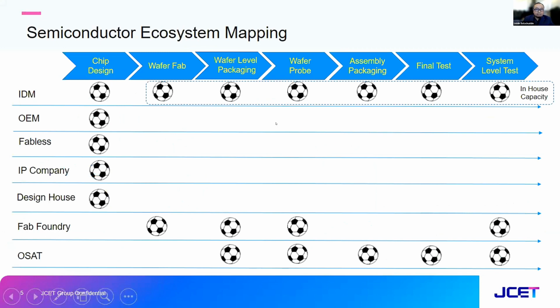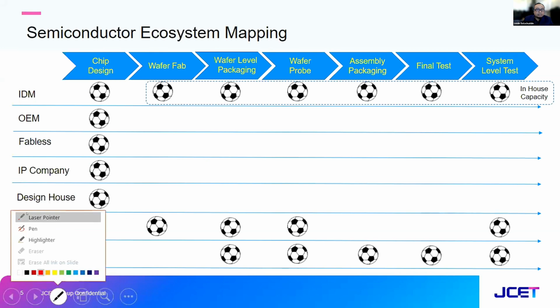Then I'm coming up with this small illustration of the ecosystem in this industry for the manufacturing of these 3D chips or 3D packaging. This is the entire manufacturing process flow, which includes the chip design and also the wafer fab. Let me turn on my laser pointer.